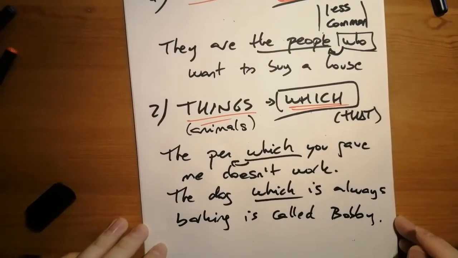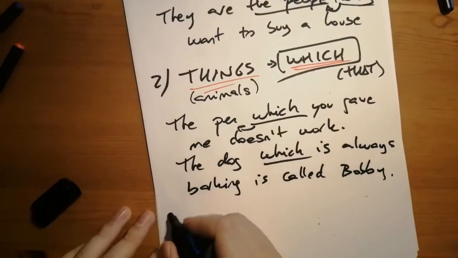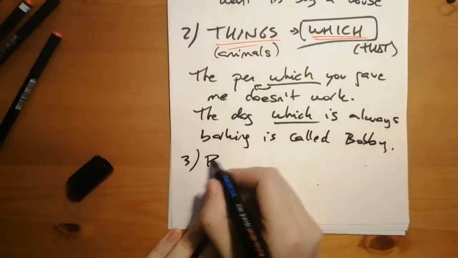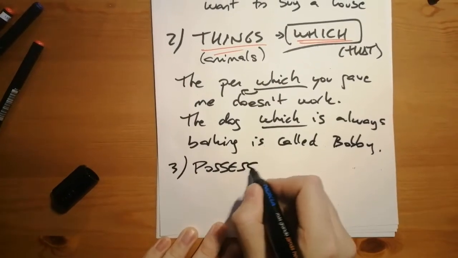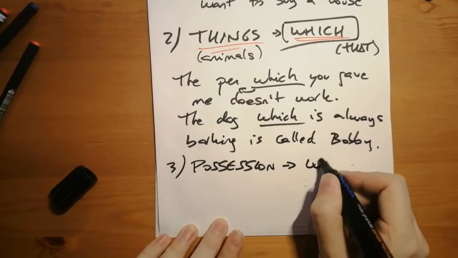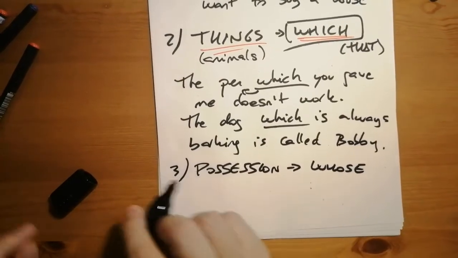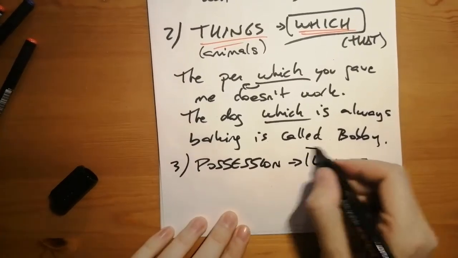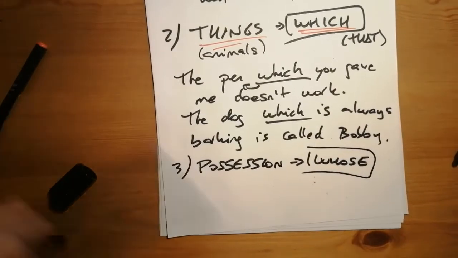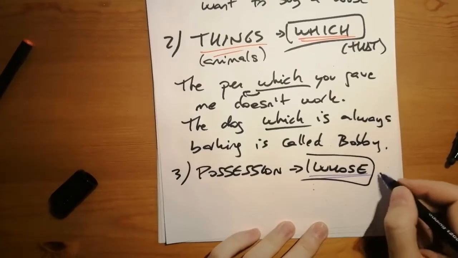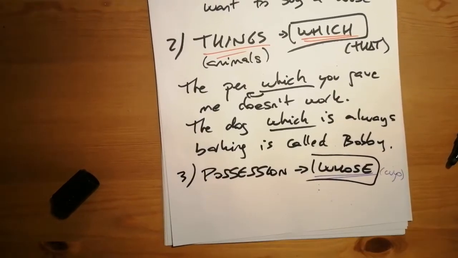Yes, so we have another here. Okay, number 3, possession, we use whose. If you check whose in the dictionary, it is called de quién. But in this case, the relative pronoun is more like cuyo in Spanish, okay?